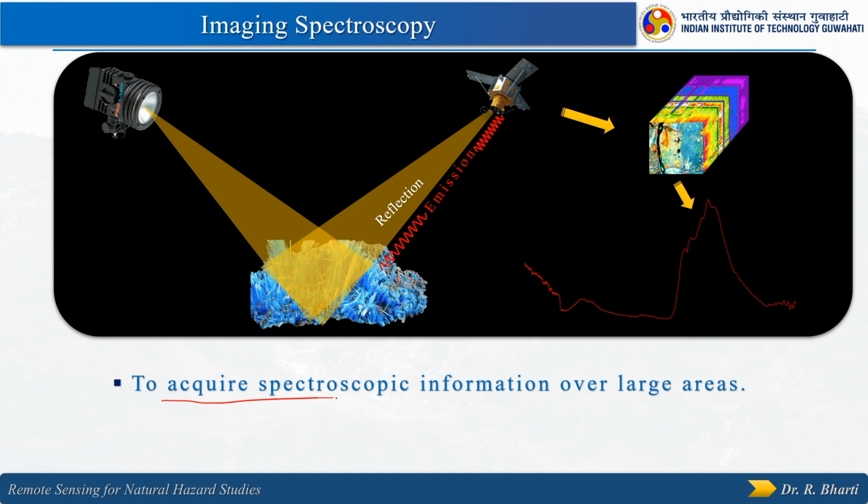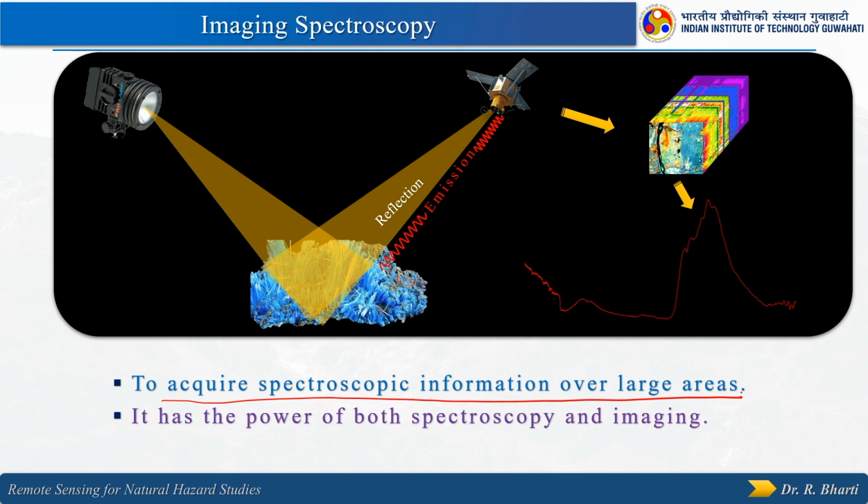To acquire spectroscopic information over a large area, we need sensors that have the capability of generating high spectral signatures. So, you will have the power of both spectroscopy and imaging.